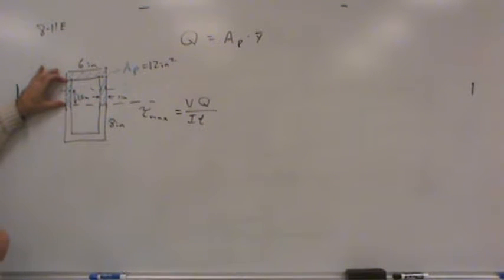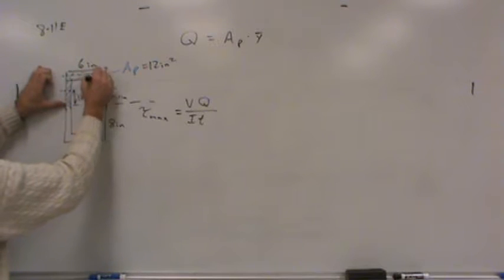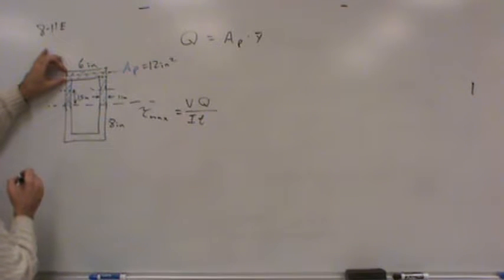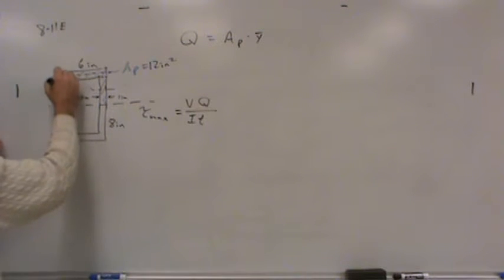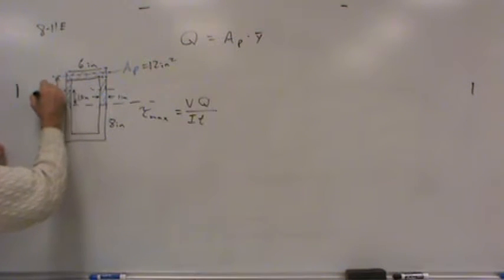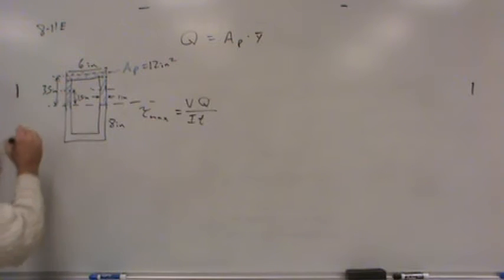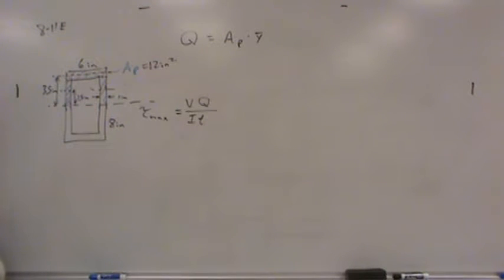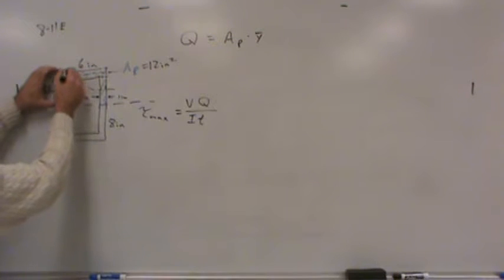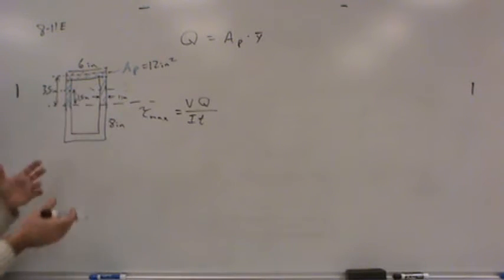And then the centroid line for this area would be just 3 inches plus 1/2 inch, so that's at 3.5 inches. I could have broken it up the same way I did the area calculation, into a 4 inch by 1 inch area like I did before. It doesn't really matter. We'll get the same thing.